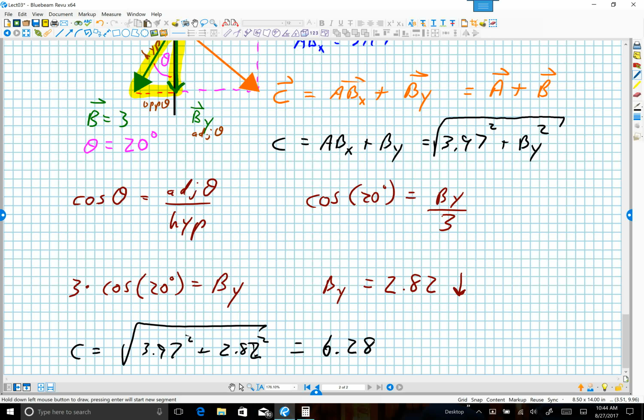C is 6.28 long. Okay, so that's an important result for me.